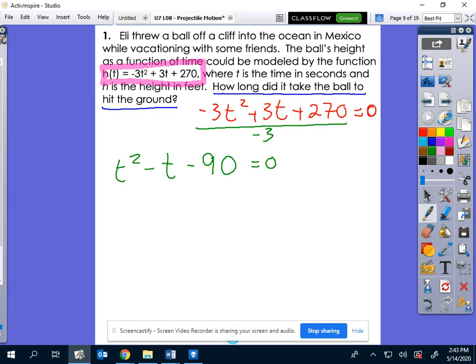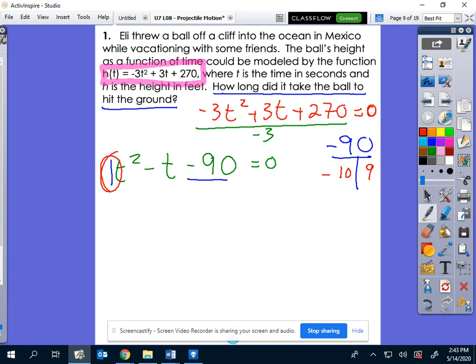And that equation can be factored a whole lot easier. All we do is do 1 times negative 90. That gives me negative 90. T-chart. I can already see the ones that are going to add up to negative 1. The only one that's going to add up to negative 1 will be negative 10 and positive 9. And notice we can cheat.